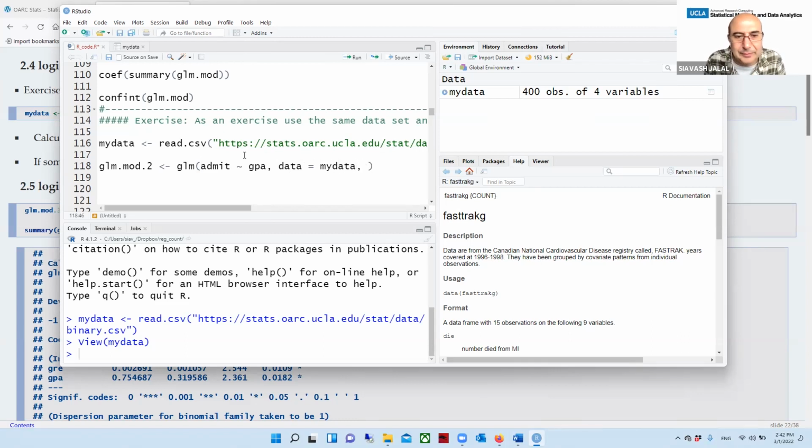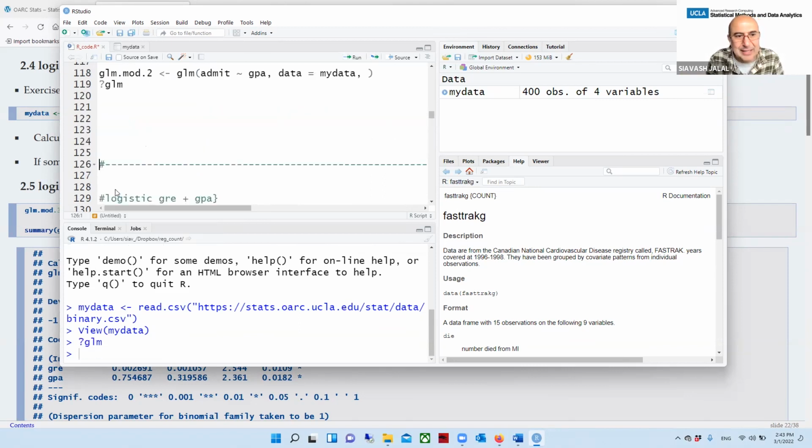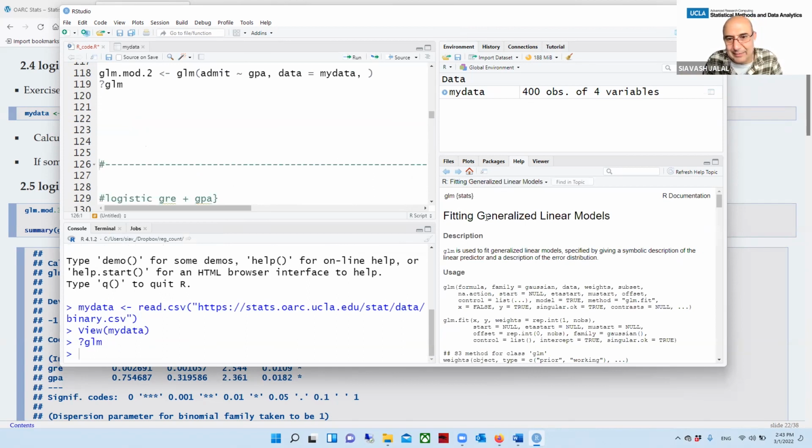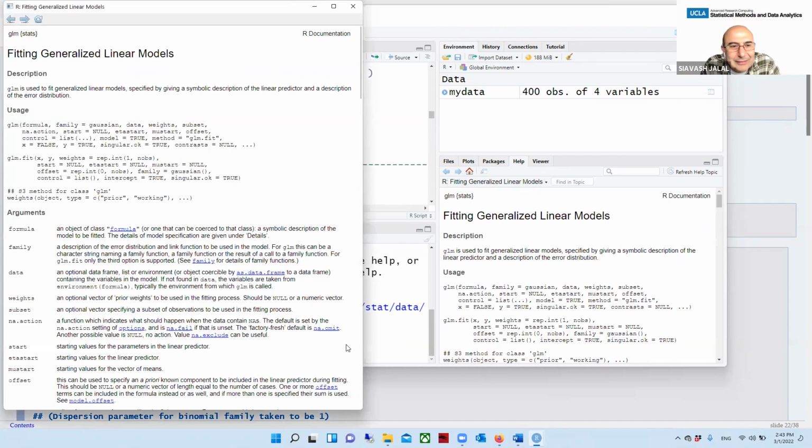Now, there is a family, right? Let's look at GLM help. Question mark GLM gives us the GLM help. Can I make this larger?